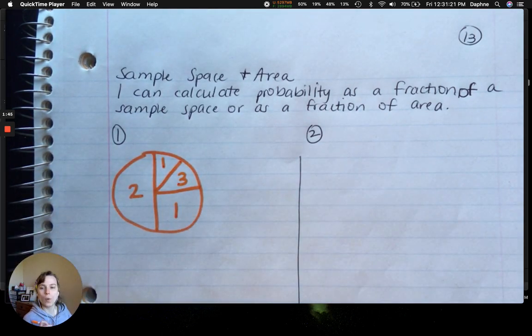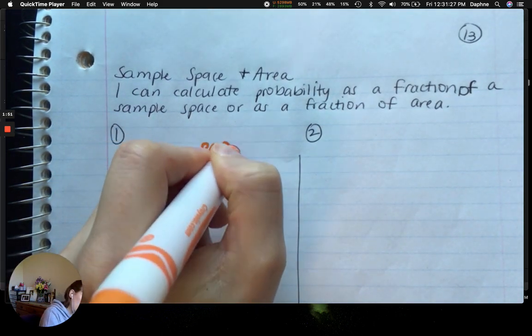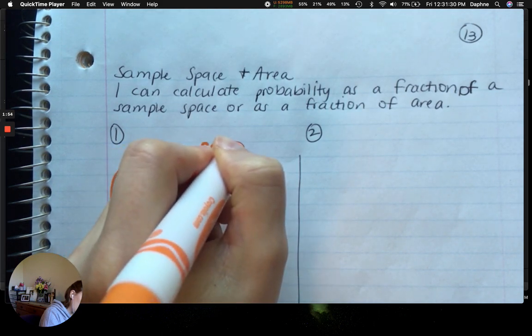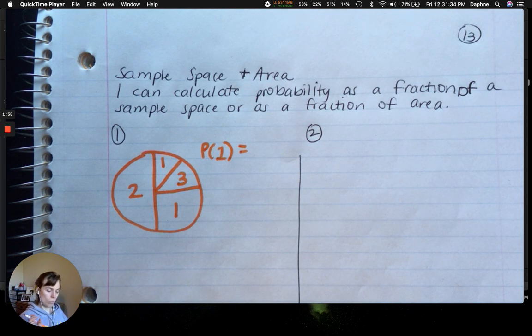Okay, knowing this is our circle, what's the chance that we can spin a 1? Okay, so looking at this, we're just going to discuss.